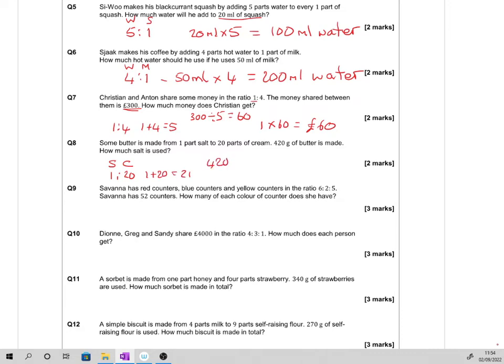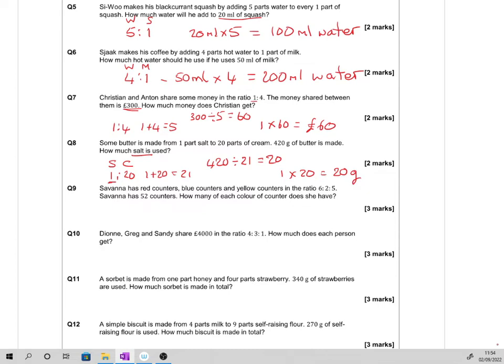So 420 divided by 21, which is 20. So there's 20 grams for each part. How much salt is used? 1 times, there's the 1, 1 times 20 equals 20 grams.